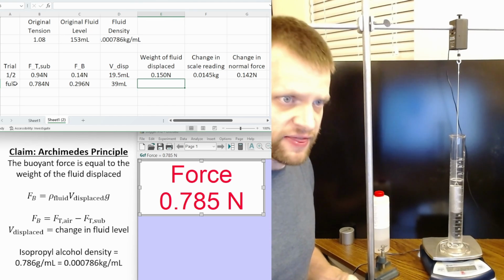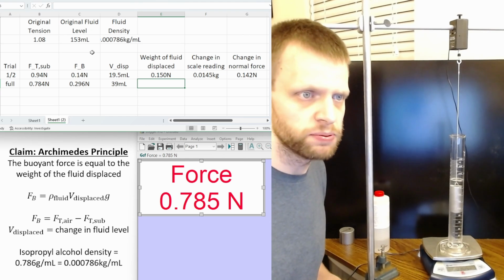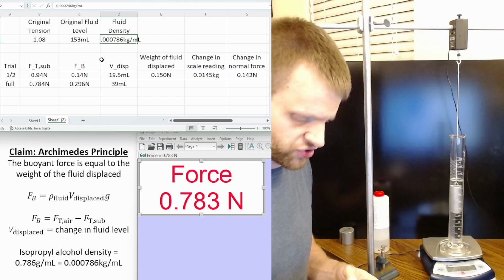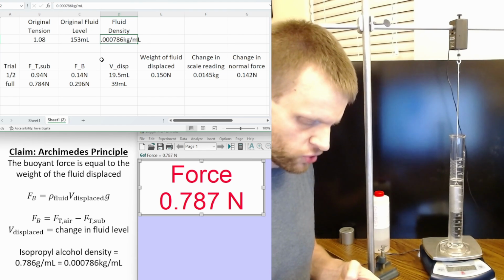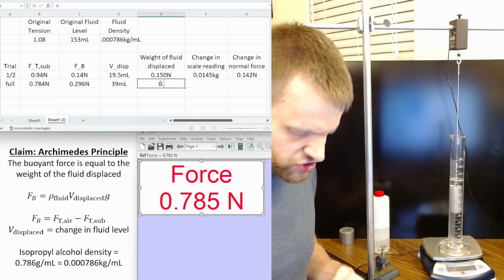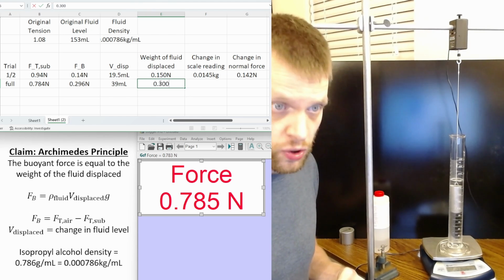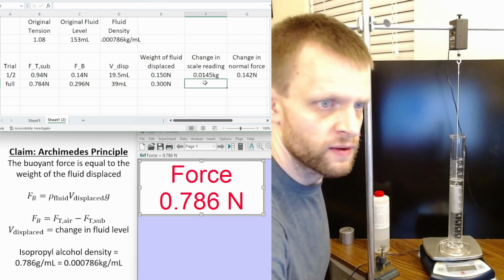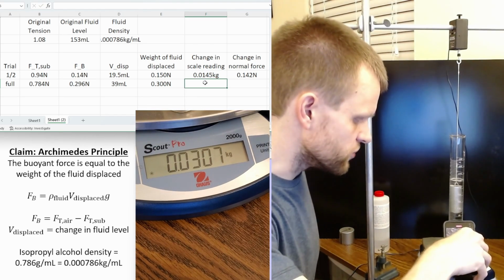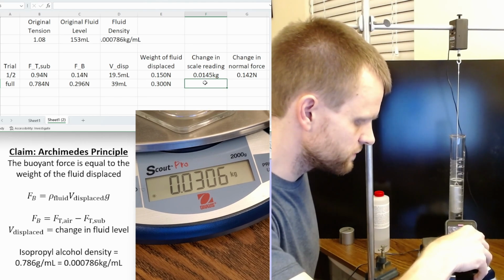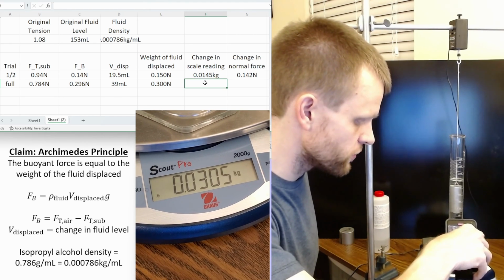And if we take that 39 milliliters, multiply it by this density, the 0.000786, and then multiply that by 9.8, I get 0.300 newtons for the buoyant force. And as for our scale reading, it's 0.030, it's jumping around a bit, but let's say 0.0305.